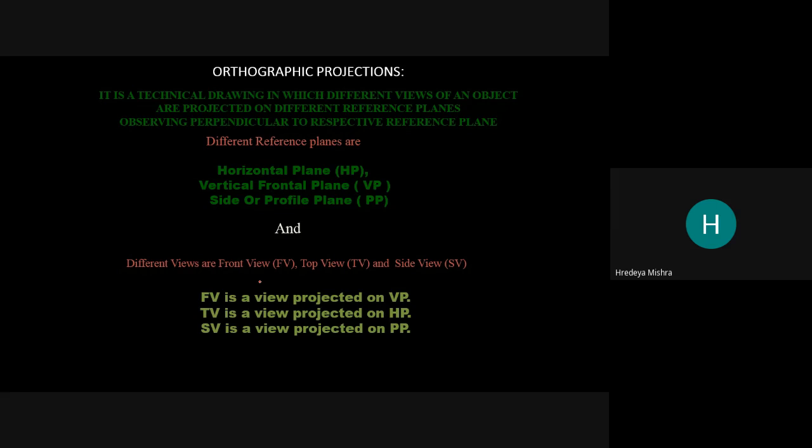Different reference planes are the horizontal plane, the vertical or frontal plane, and the side or profile plane, and different views are the front view, top view and side view. Okay, these are the things about orthographic projections.